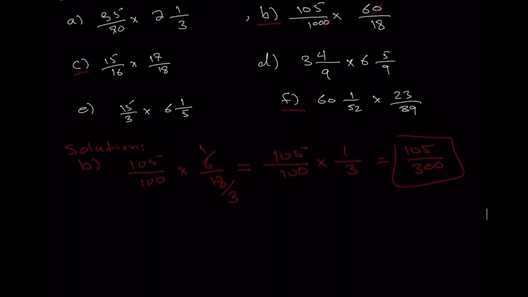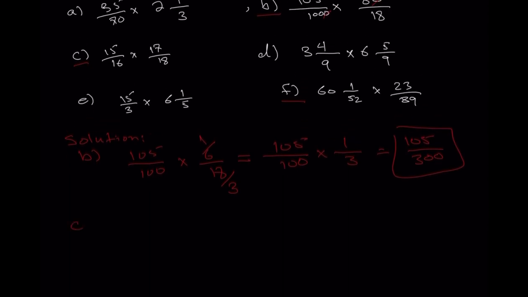Now I said C. Let's solve C. 15 over 16 times 17 over 18. We can just multiply them, but before we do that, we have some reduction here we can do. 15 goes into 3 5 times, 18 goes into 3 6 times. Now the new fraction will be 5 over 16 times 17 over 6.